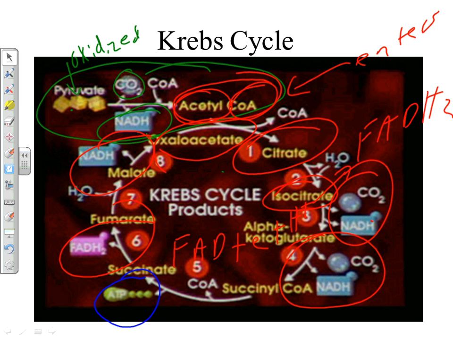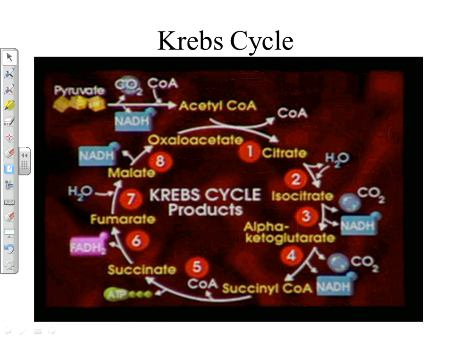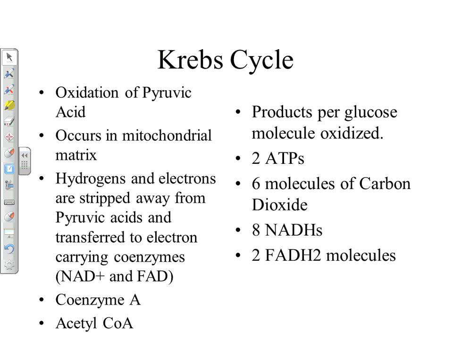But the key things about Krebs cycle that you should know. Let me back up a slide. Try to back up a slide again. Think of Krebs cycle as the oxidation of pyruvate. And remember that oxidation is taking away, what, 3 things? Electrons, hydrogen.